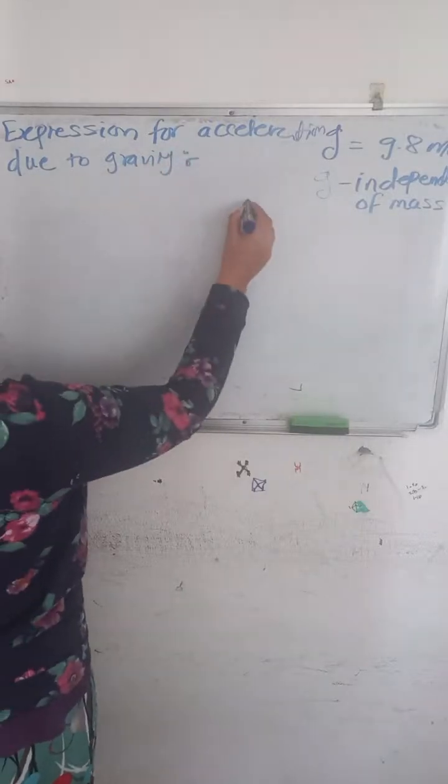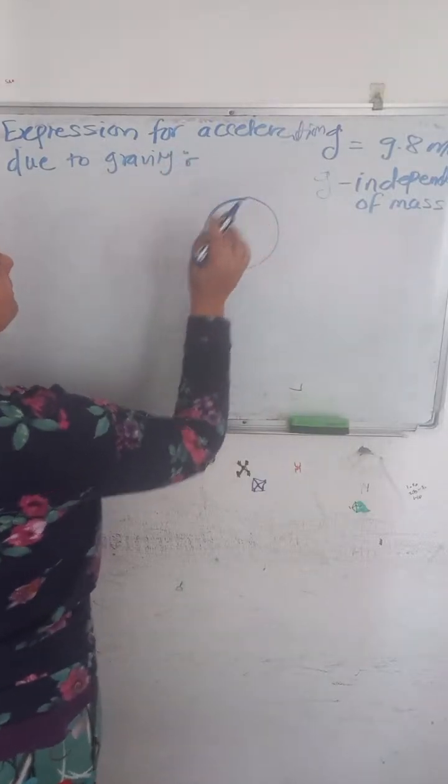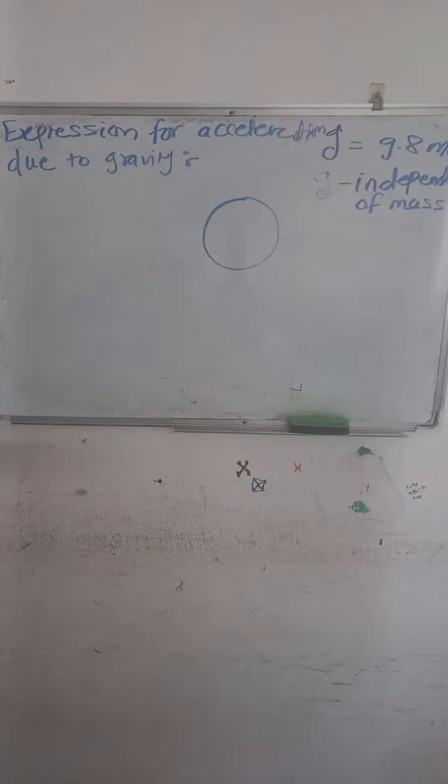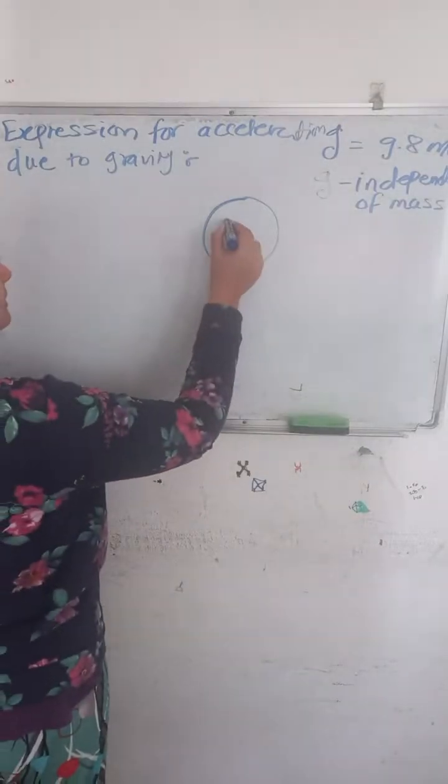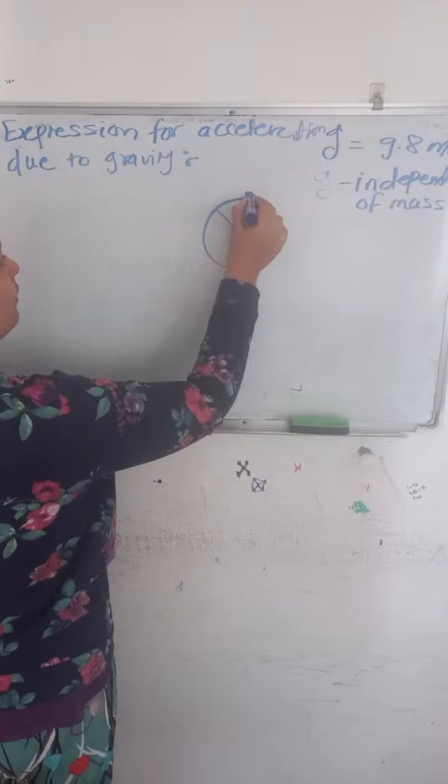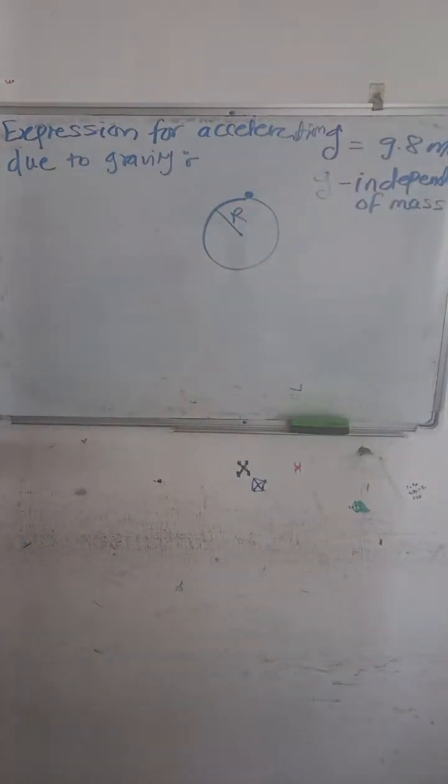Suppose we have this as the earth, whose radius is capital R, and a body is kept on the surface of the earth.